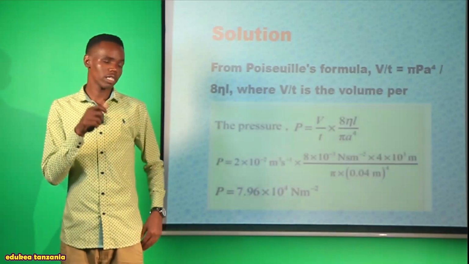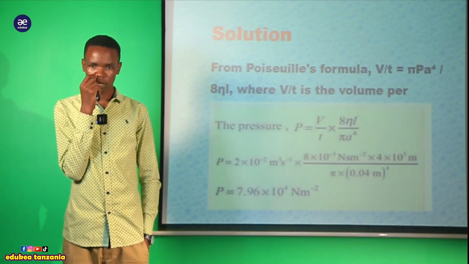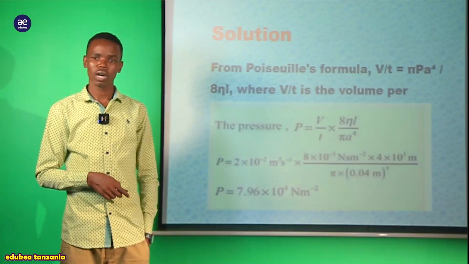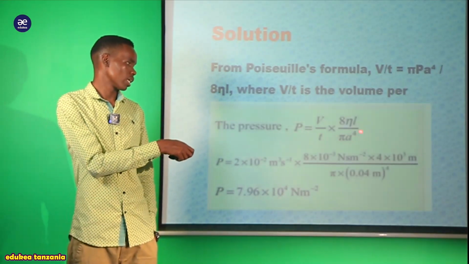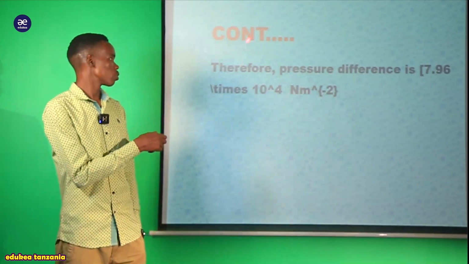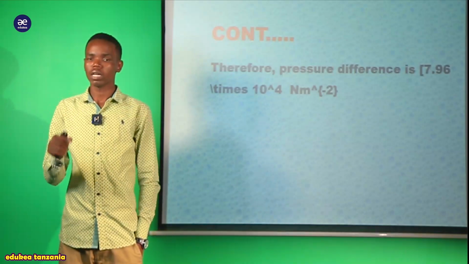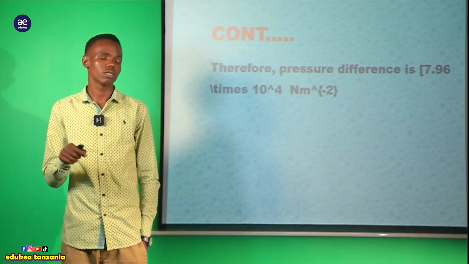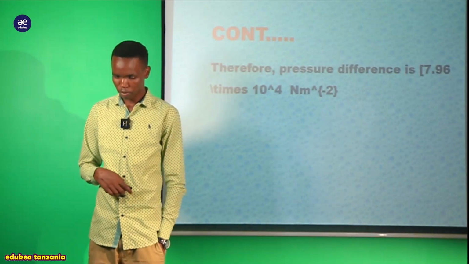As we see here, the diameter that we have been given tumeshapewa ni sawasawa na 0.08. Kwa tutakuwa tuweze kugawanya kwa mbili tuweze kupata huyu A kama tulivyoambiwa pale. Ukimaliza pale utasimplify, mwisho wa siku utaconclude kwa kumwambia the pressure difference must be equal to 7.96 exponent 4 Newton per meter square.